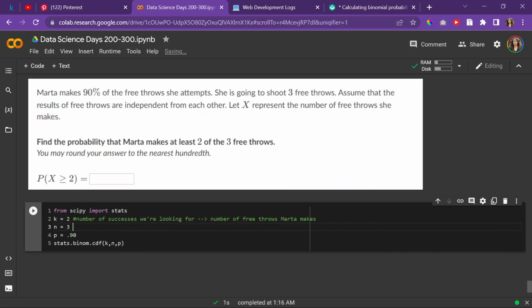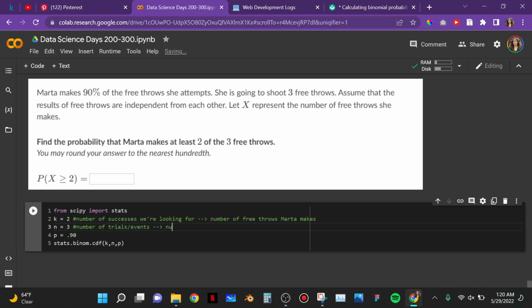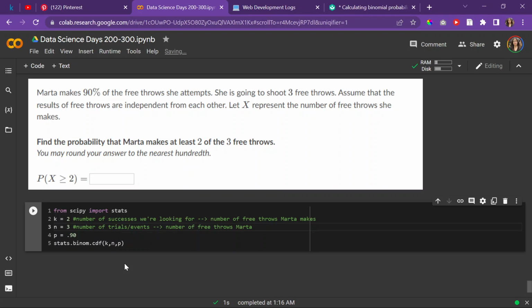And then n is the number of trials or events. In this case, it's the number of free throws Marta shoots.